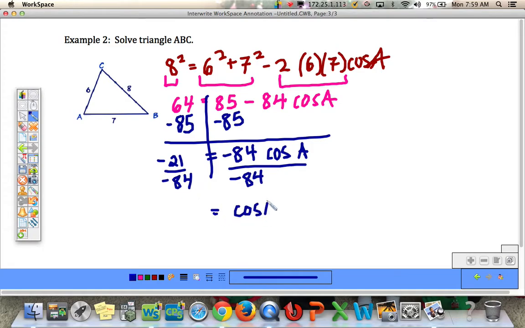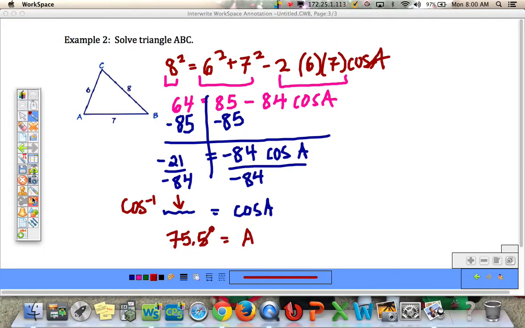We'll get cosine of A equals a decimal. Whatever that decimal is, take the inverse cosine of your answer here. And when I did that, I got A is about 75.5 degrees. You could round up to 76, but this will be more accurate. So 75.5 degrees is angle A.